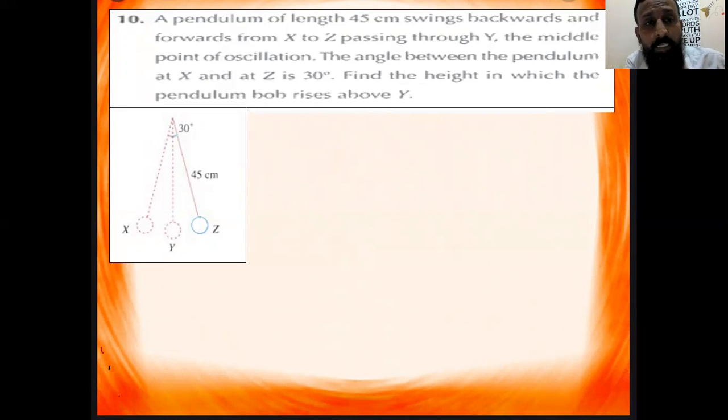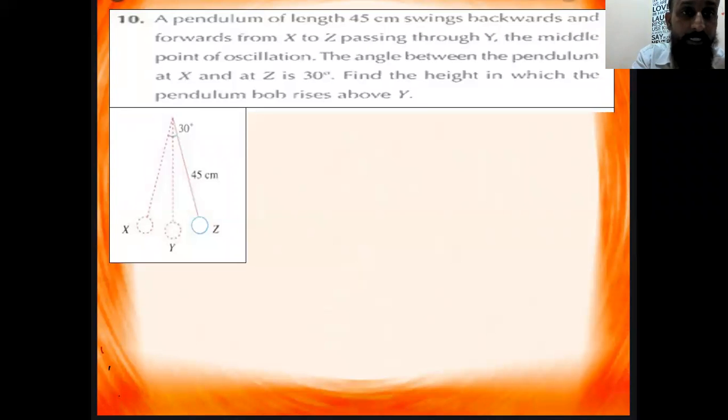So boys and girls, they have given you a pendulum and they are telling you that it is swinging between the points x and z. Whereas the point y is the fixed point, that is the middle point of the oscillation. The angle between the pendulum at x and z is 30 degrees.